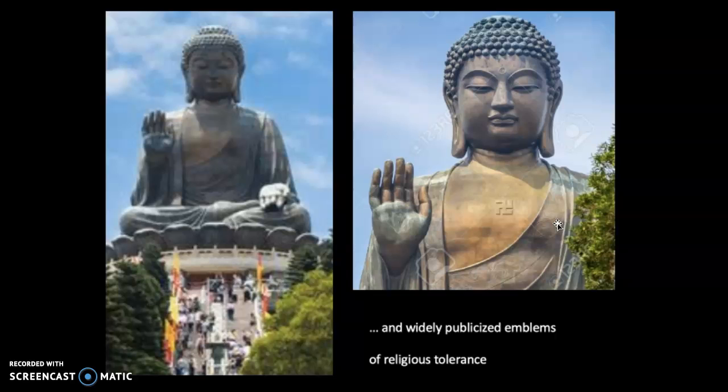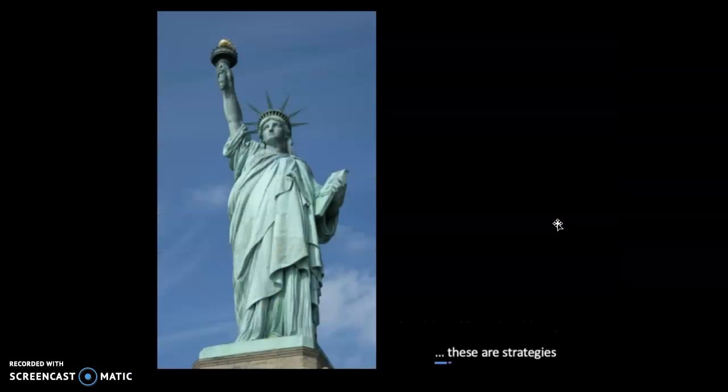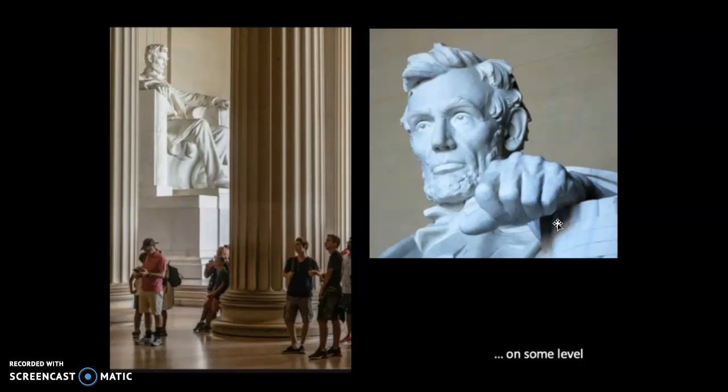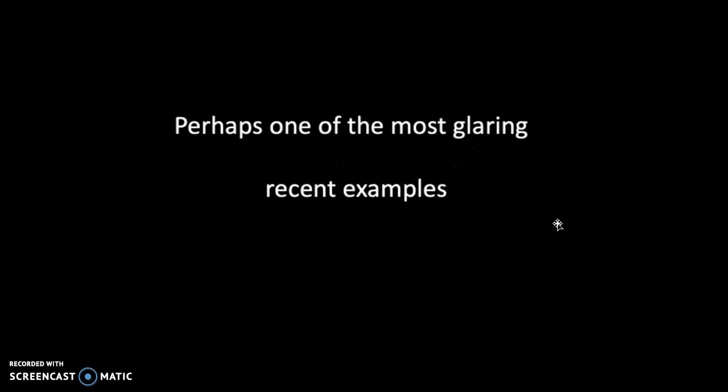So they like to do photo ops with all their Buddhist shrines, all that stuff. Anyways, these are strategies with large scale work of most governments on some level, even ours. Just saying it's not necessarily good or bad, so long as the individual understands what they're looking at and what might be trying to be communicated to them, even subversively.